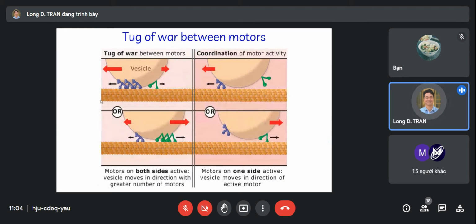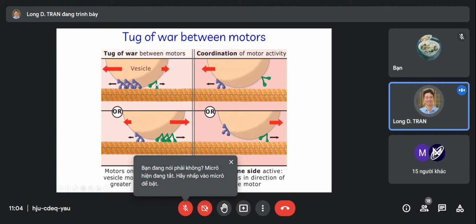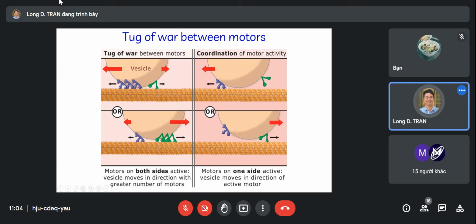So the movement of the organelle or transport vesicle by motor protein can be explained by two models. One is the tug of war between motor proteins, from the dynein and kinesins. If we have more dynein than kinesin, then this vesicle will be transported towards the minus end.